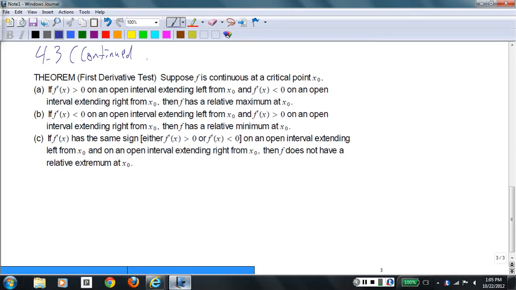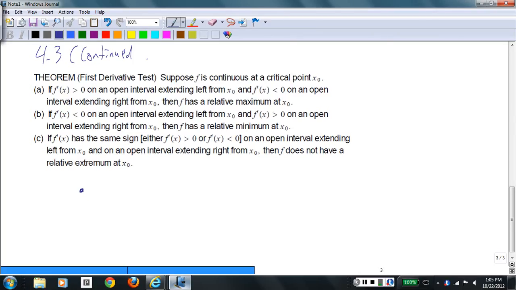Suppose f is continuous at a critical point x sub 0. We've also called these critical numbers. Critical values also would work. And we have this additional information about the sign of the first derivative on open intervals extending both to the left and to the right.